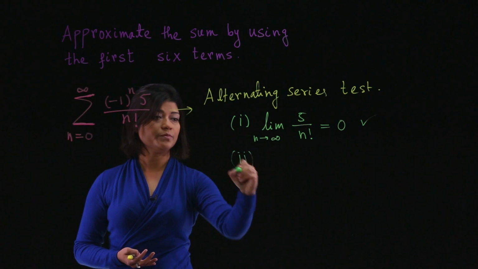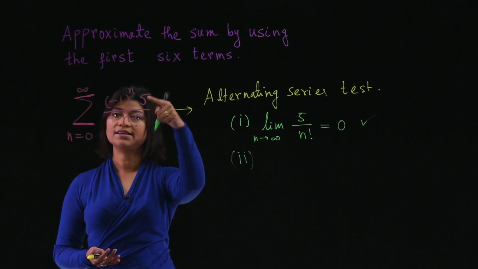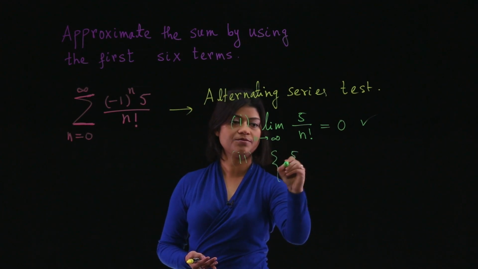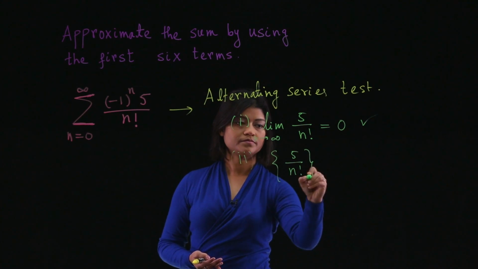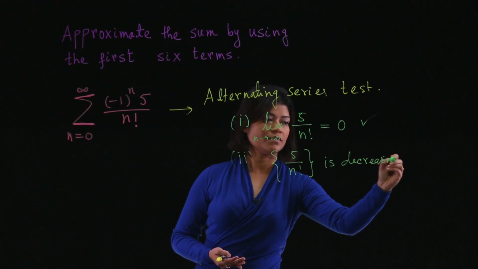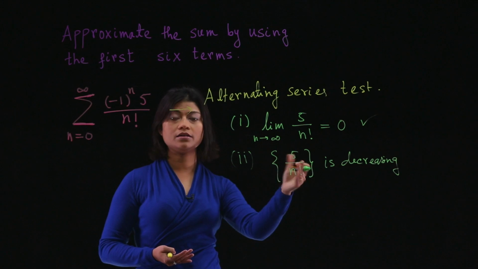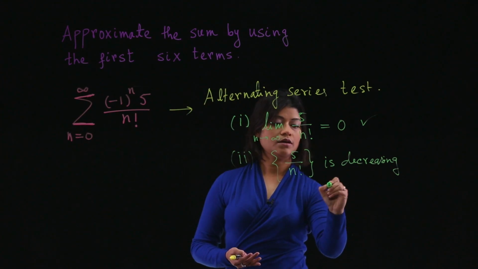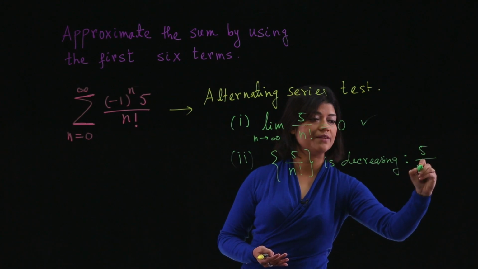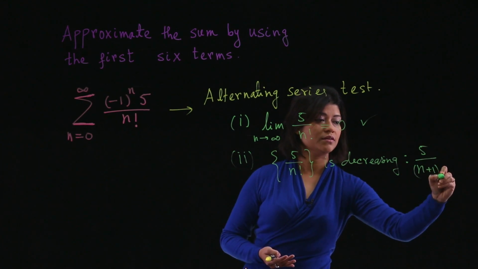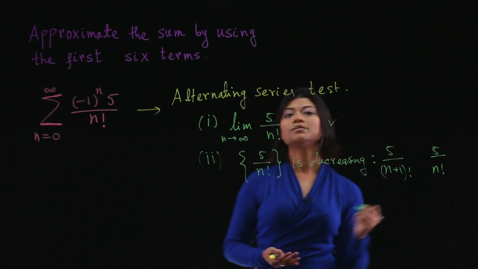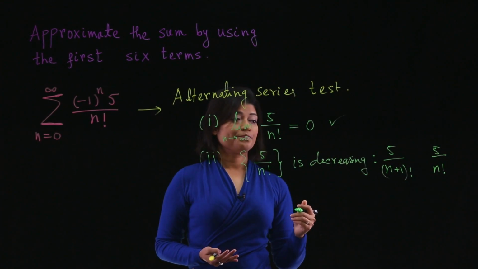Second, we have to make sure that a_n is decreasing. And it is, right? The sequence 5 over n factorial is decreasing. Because if you compare the (n plus 1)th term, 5 over (n plus 1) factorial, versus the nth term, 5 over n factorial, which one is bigger?